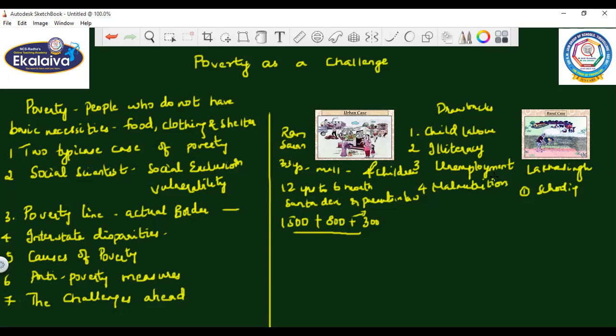Now we will go for the dimensions of poverty in these two cases, children. So what are the dimensions which we can see here? Lack of shelter. See, both the people were not having a permanent house. Ram Saran was living in a brick house, that too in the outskirts, and that too a rented house.